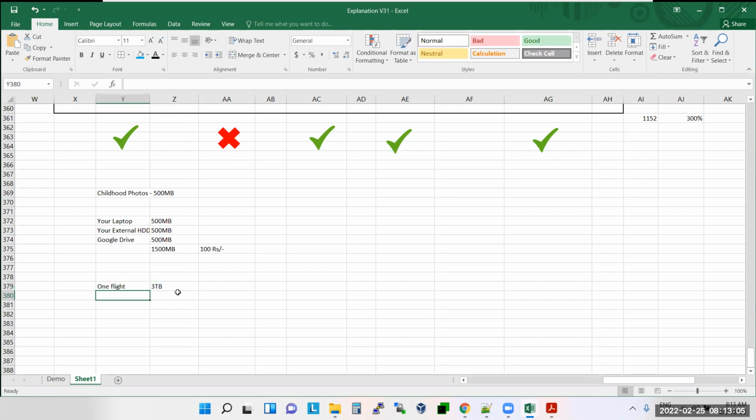Now how many flights may we have in the world? Many. Even if all the flights travel together, with 3 TB per hour each, this distributed system can store the data without any failure.